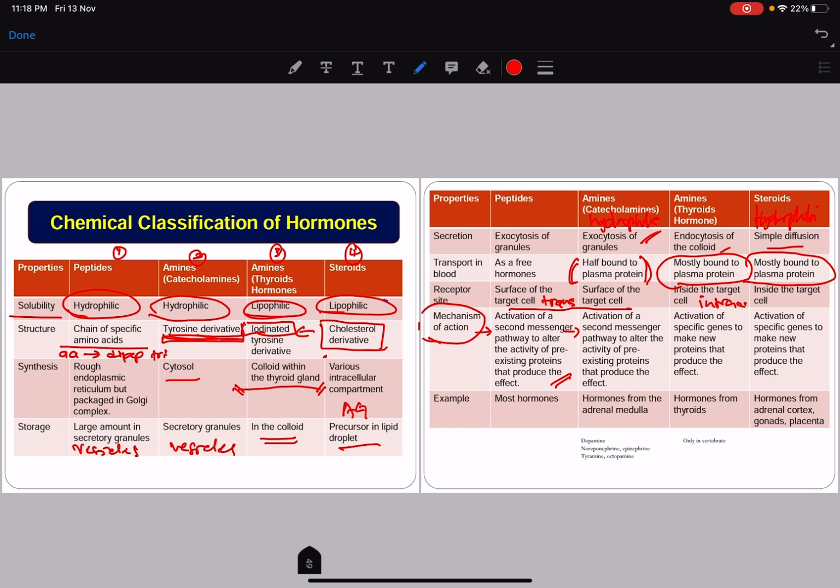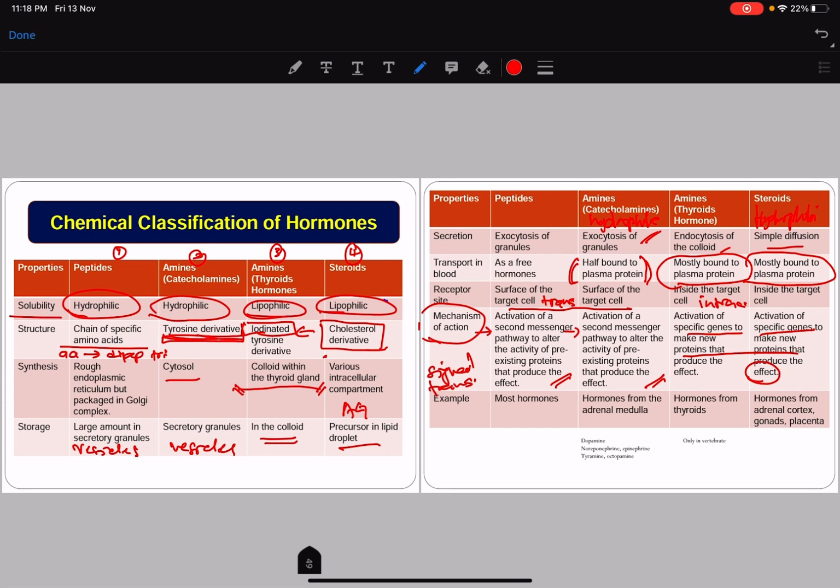So this is basically the signal transduction pathway. For thyroid hormones and steroid, the mechanism of action usually involves activation of genes, which will make new proteins to produce the effect.